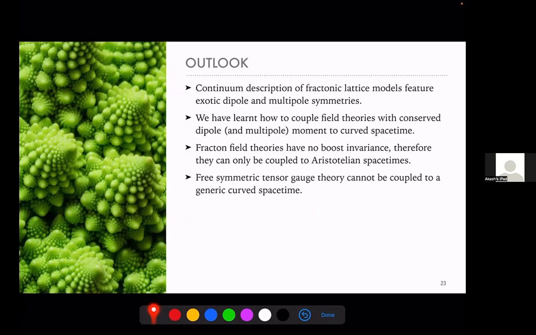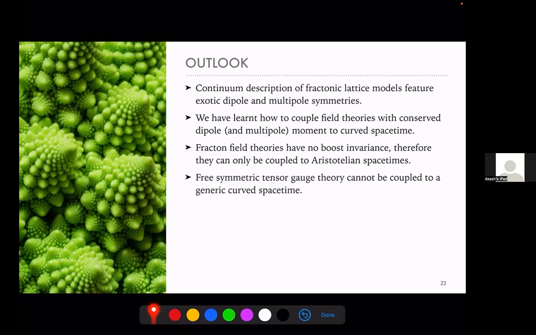What I have described is a continuum description of fracton models, trying to describe symmetry principles for fractonic systems. We talked about dipole or multipole symmetries that give rise to this fractonic behavior. We learned how to couple these systems to conserved dipole or multipole moments in curved spacetime. An important feature is that there is no boost symmetry in these systems, so you can only couple them to Aristotelian spacetime.